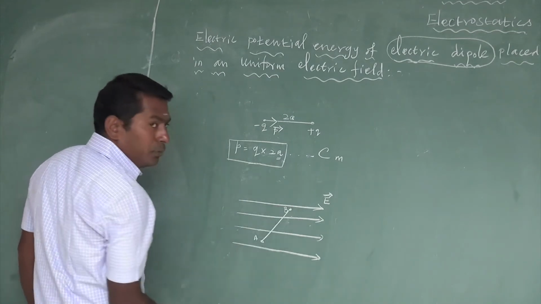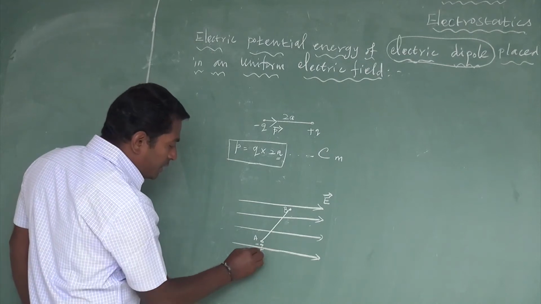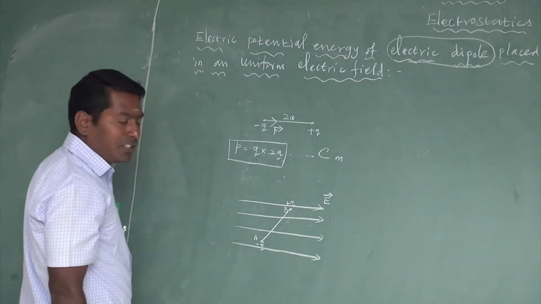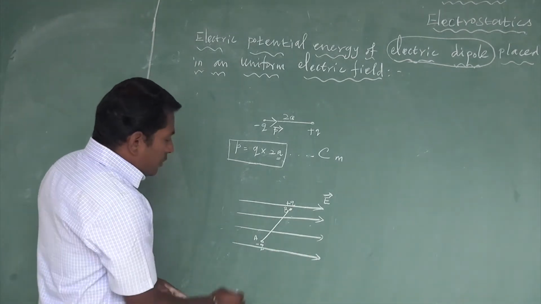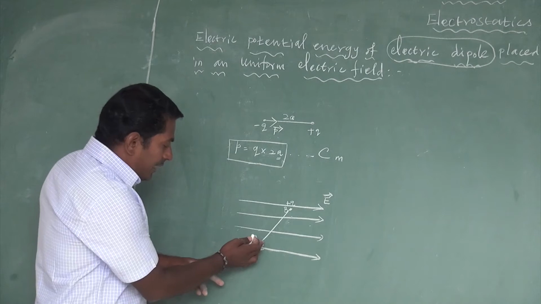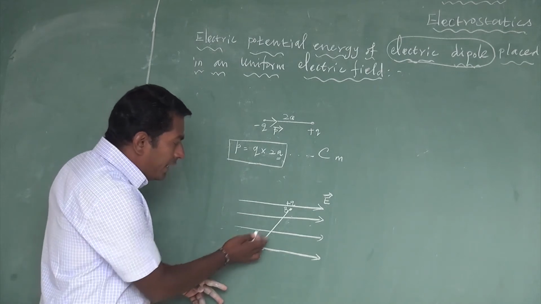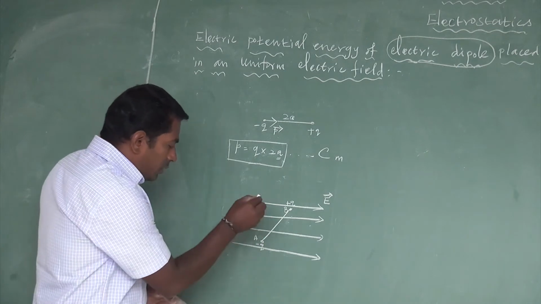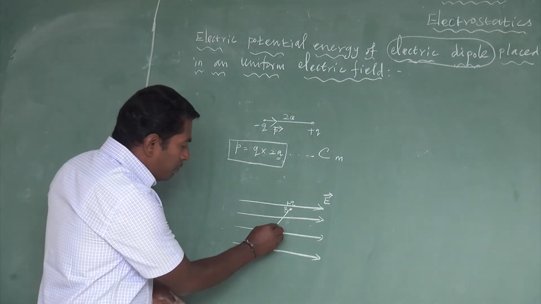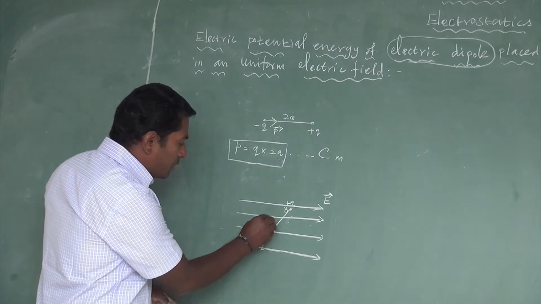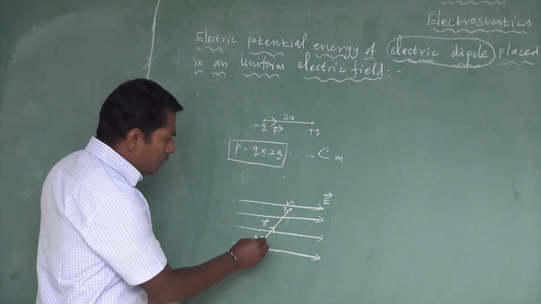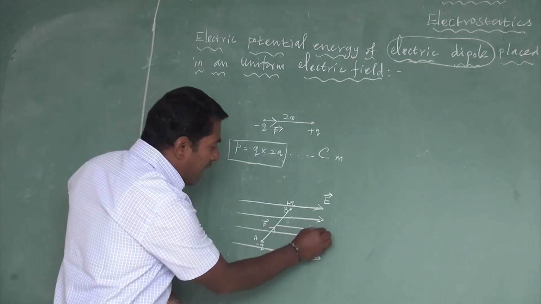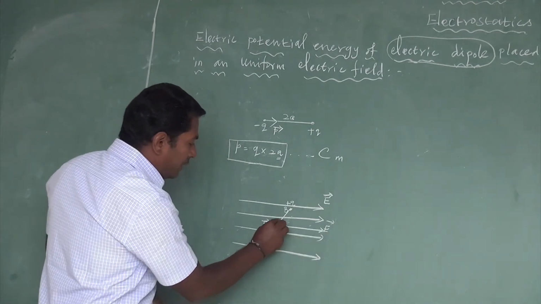AB is an electric dipole because minus q charge is situated at point A and plus q charge at point B. The straight line joining the two charges is called the dipole axis. The dipole moment acts from minus q charge to plus q charge. This direction of dipole moment makes an angle theta with the direction of the electric field.